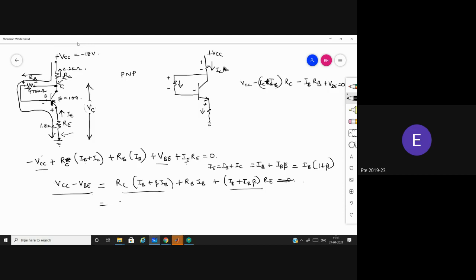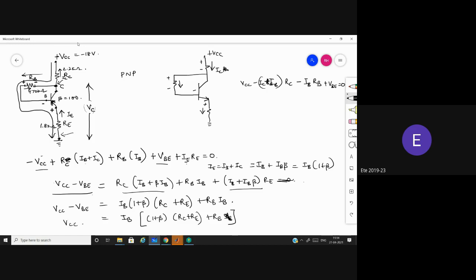First, IB into 1 plus beta into RC plus RE plus RB. On this side we are having VCC minus VBE. Now again I can take IB common. It becomes 1 plus beta into RC plus RE plus RB.